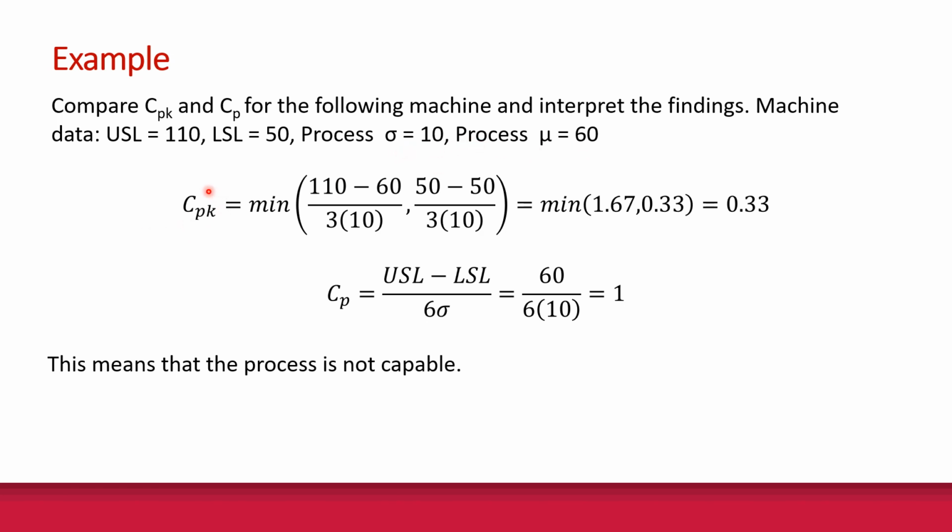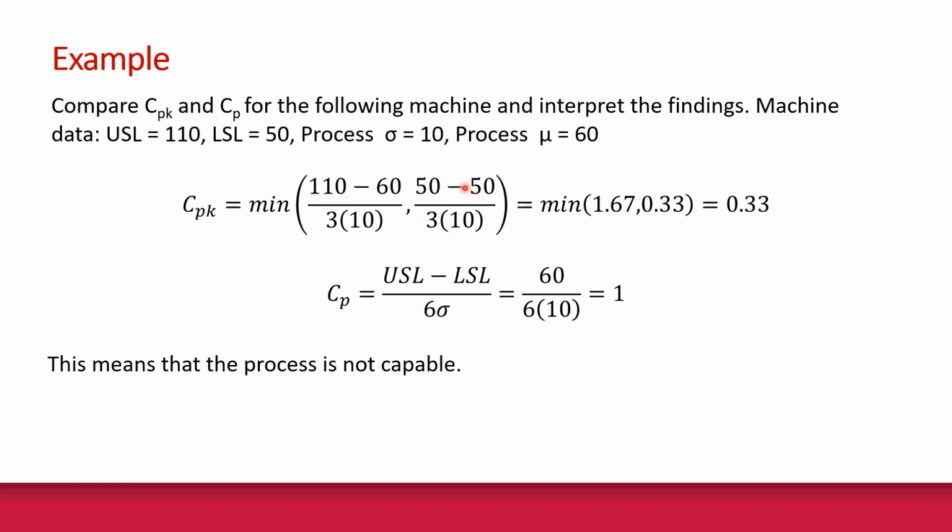So if you compute the C sub PK value from the data given, you compare the lower specification to the upper specification. So 110 minus 60 over 3 times sigma is the first term, and then 60 minus 50 over 3 times 10.